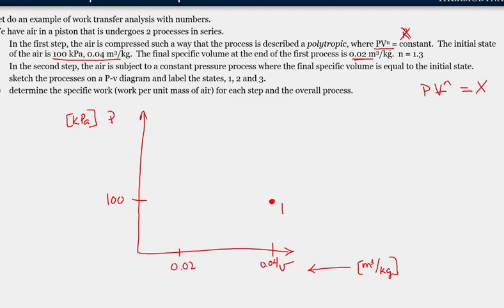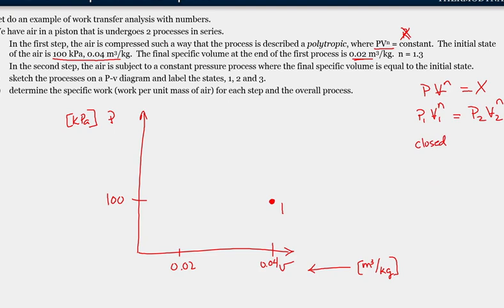What this statement tells us is that the pressure at state 1 times the volume at state 1 raised to the 1.3 power is identically equal to the pressure at state 2 times the volume at state 2 raised to the n power. We are going to assume this is a closed system. It's not a very bold assumption because we have essentially no other information.